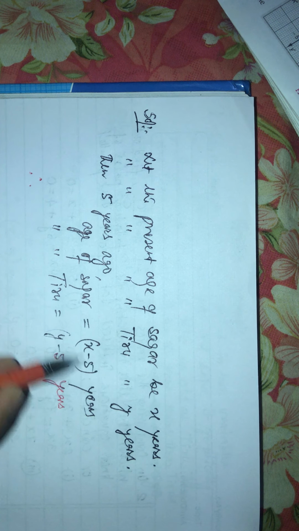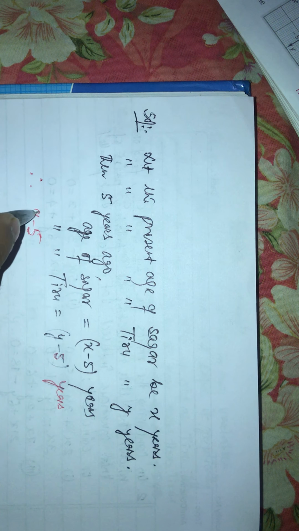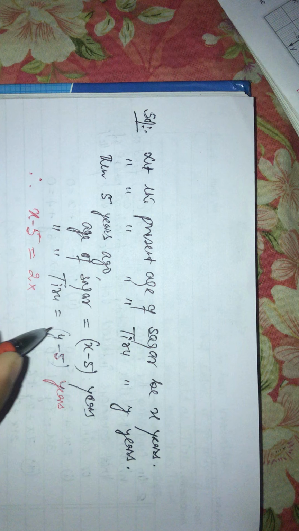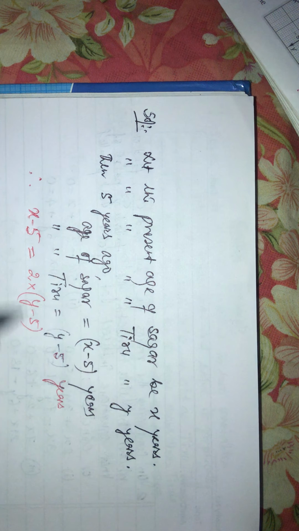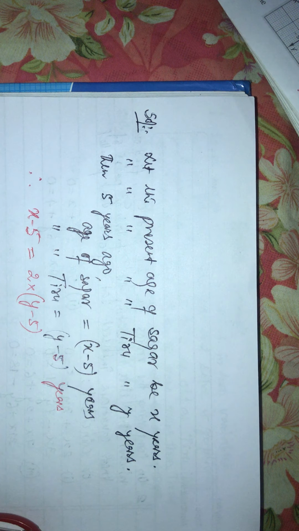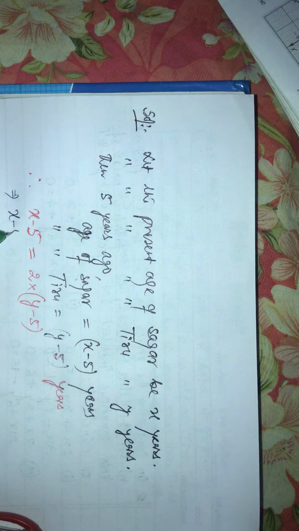This is the age of Sagar, x minus 5, equal to 2 times, twice means 2 times, 2 into the age of Tiru, y minus 5. Now we can open this bracket. This x minus 5 will remain x minus 5.